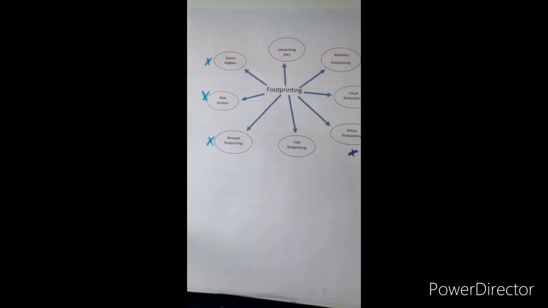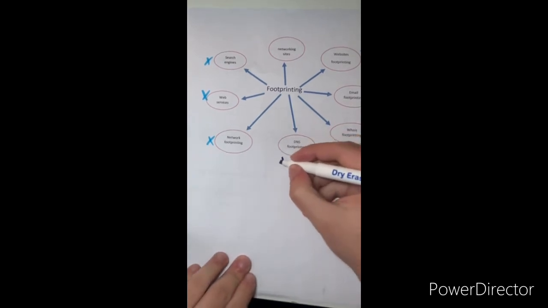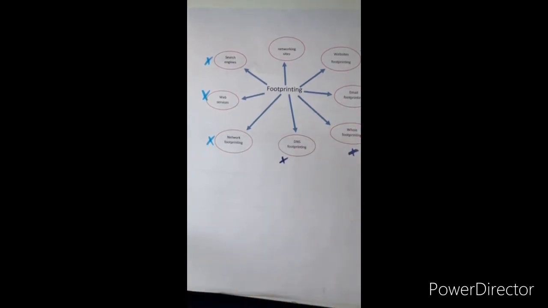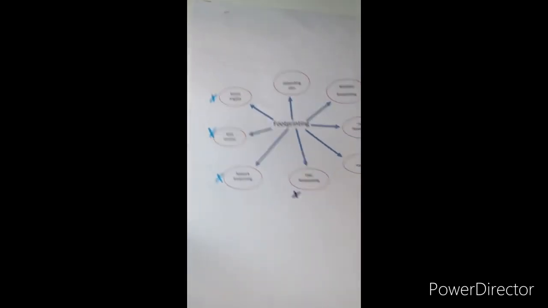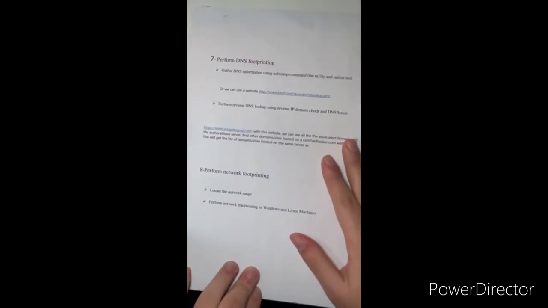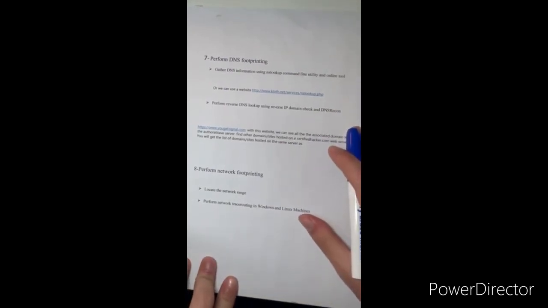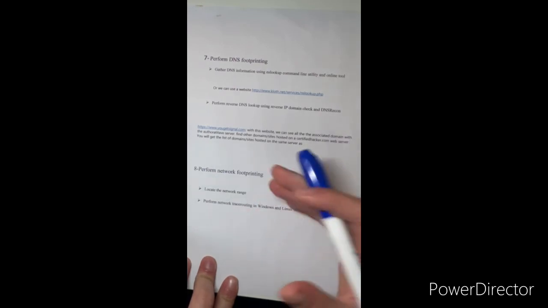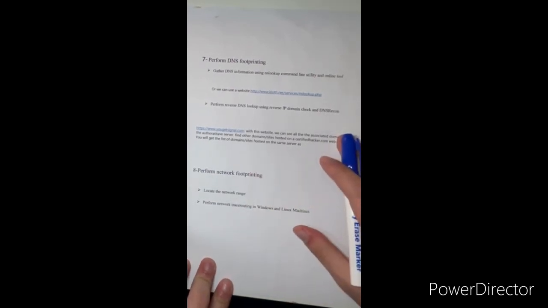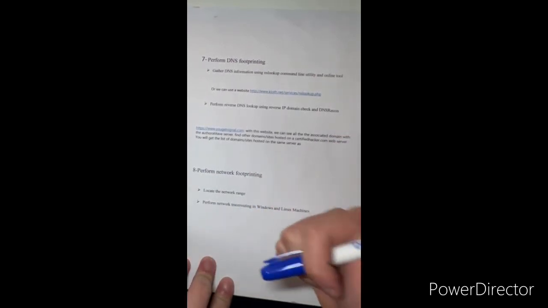Before the last part, we'll be covering the DNS footprinting. As a professional ethical hacker or a pen tester, we need to perform sometimes DNS footprinting to gather information about the DNS servers, DNS records, and types of servers used by the target organization.